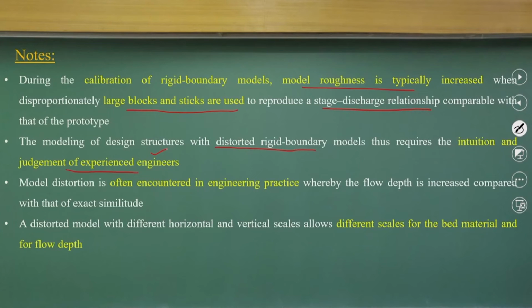That matter is often encountered in engineering practice where the flow depth increases, and that is what exact simulation is. So, a distorted model with a different horizontal scale allows different scales for the bed materials and the flow depth. That is the point I can show for the rigid bed river models.